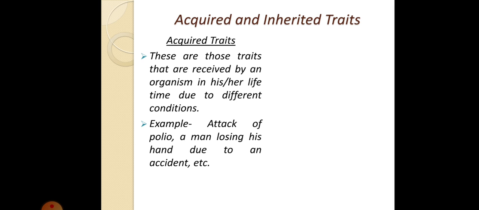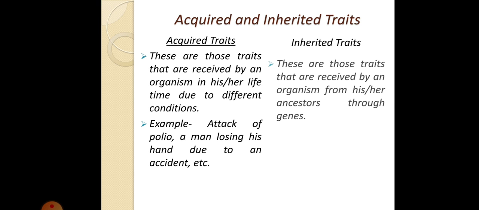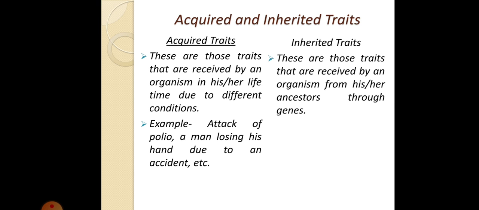Okay, fine. Now, inherited traits. What are inherited traits? These are those traits that are received by an organism from his or her ancestors through genes. Those traits that we receive from our ancestors through genes, that means through DNA, are inherited traits.